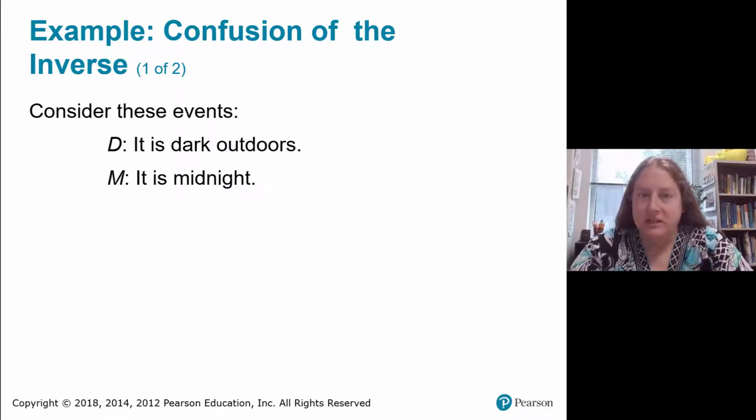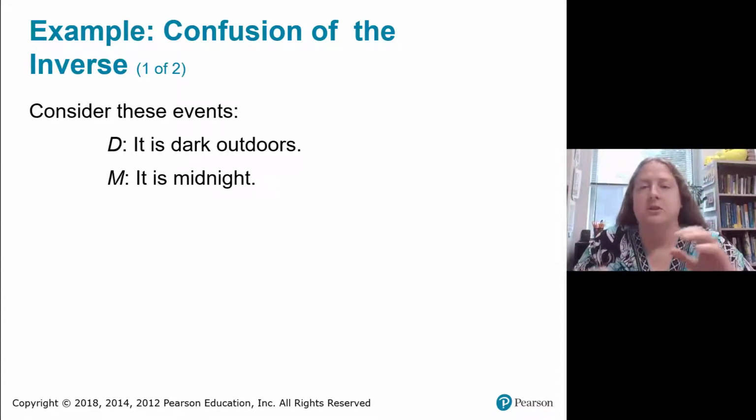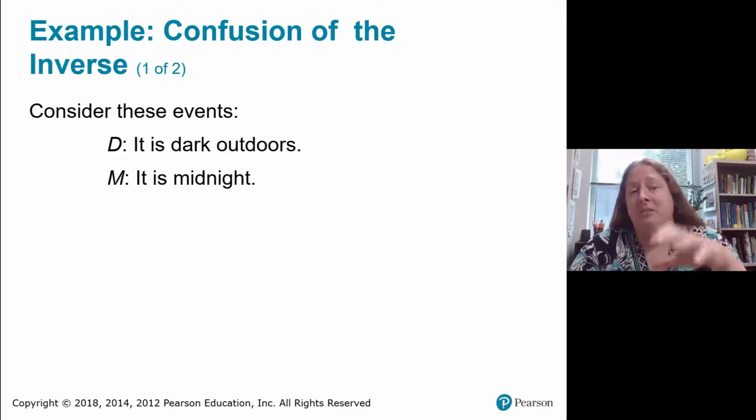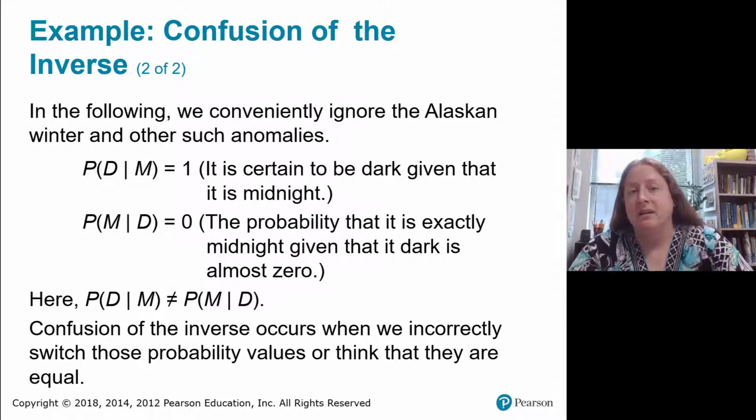Now, we're not going to be dealing with the Arctic Circle or Antarctic Circle, so we're not going to be dealing with the extreme poles of the globe, but we're going to be dealing with life as most of us experience it, where it's dark at midnight. So the probability that it's dark, given that it's midnight, is 1. Right? So it's certain to be dark, given that it's midnight.